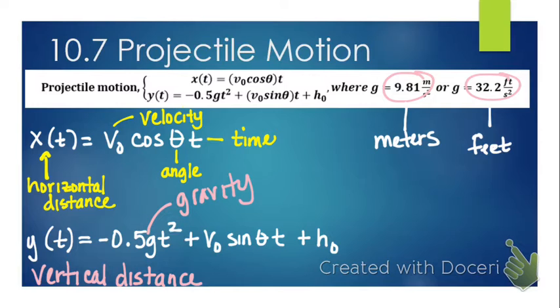T still represents time. And again, you have the same variables as our horizontal distance. We have V sub 0, which is still your velocity. We have theta, which is still your angle. The only other new variable is H sub 0, which is your initial height. So the initial height of the object.